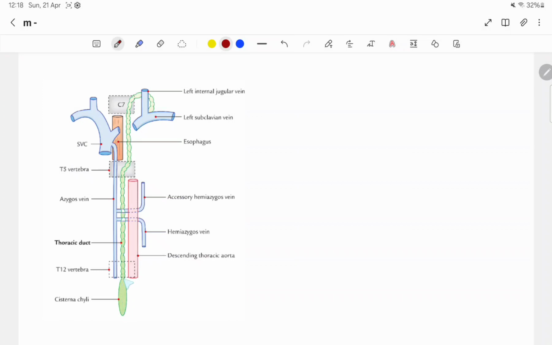In this picture we are seeing the thoracic duct. As I told you already, it is 45 centimeters long. What is the extension of this thoracic duct?